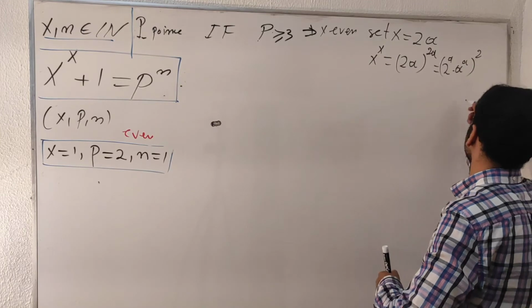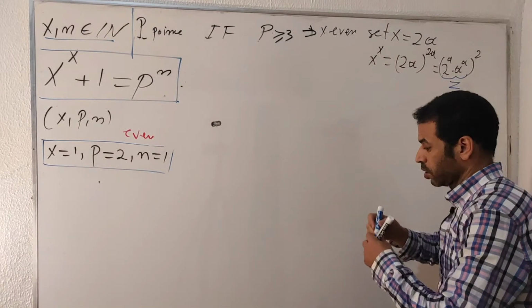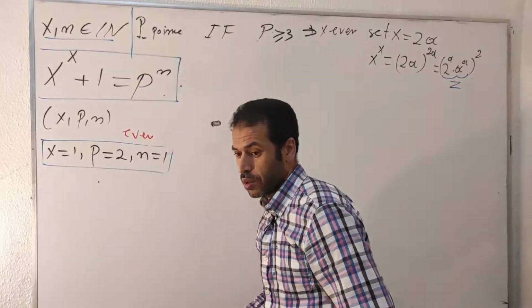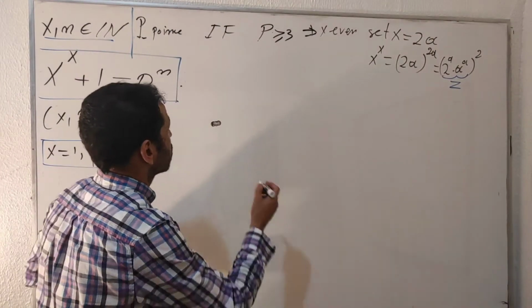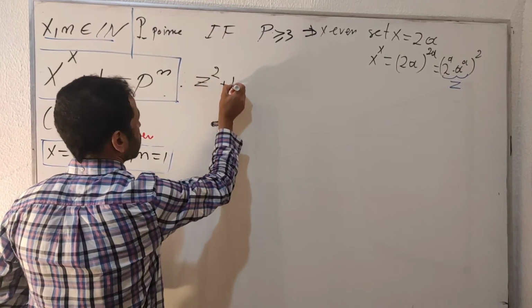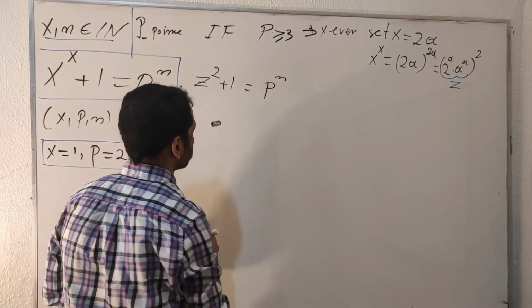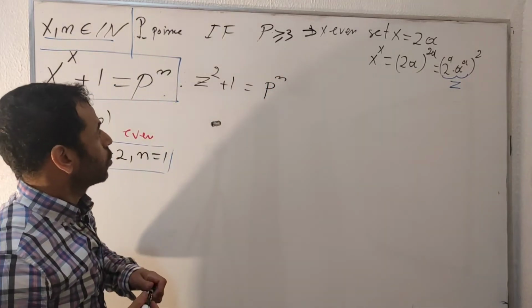Consequently, let's set this one equals z. So the equation becomes in terms of z now. So I get here z squared plus 1 equals p to the n. Now here is the thing.